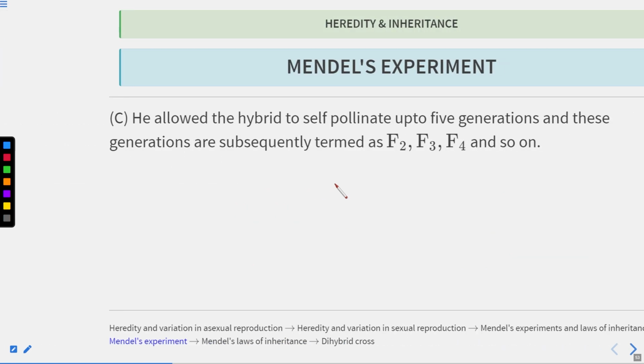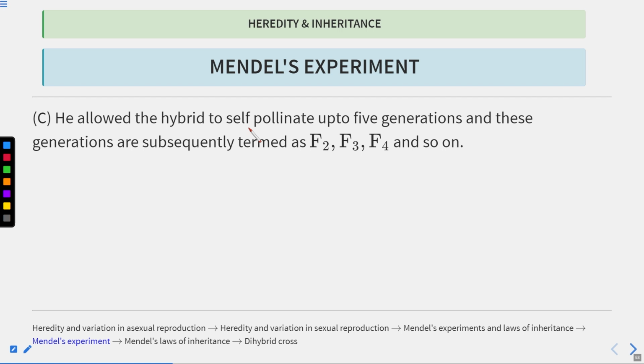Next, he allowed the hybrid to self-pollinate up to 5 generations, and these generations are subsequently termed as follows. The first generation was F1.